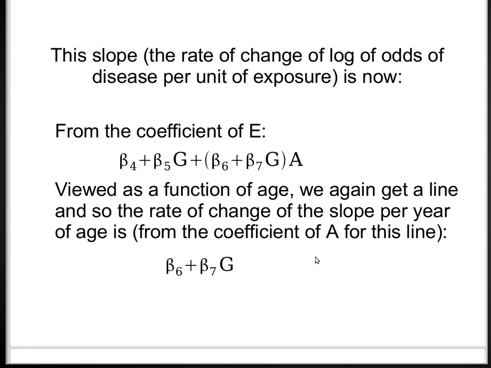Right, so viewing this as a function of age, we again get a line. And so the rate of change of the slope per year of age, from the coefficient of A for this line, gives us this expression, trying to get things steadily simpler and simpler.